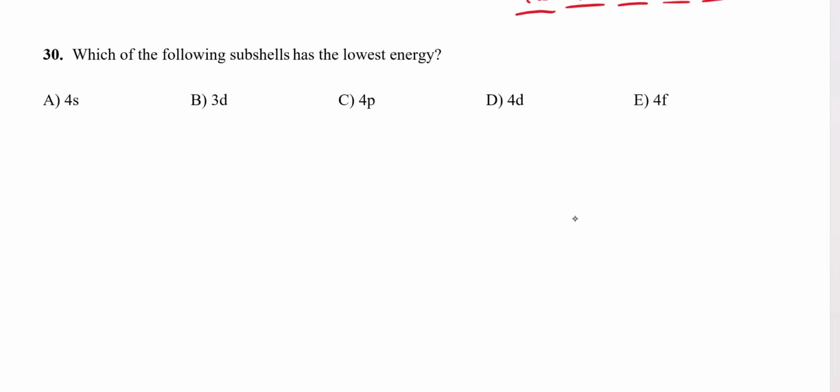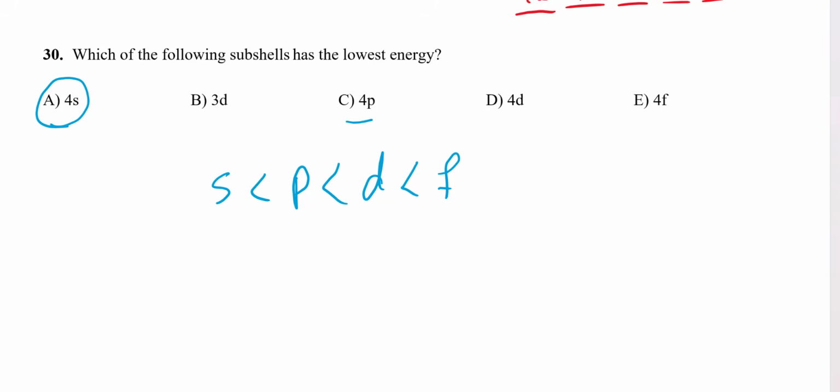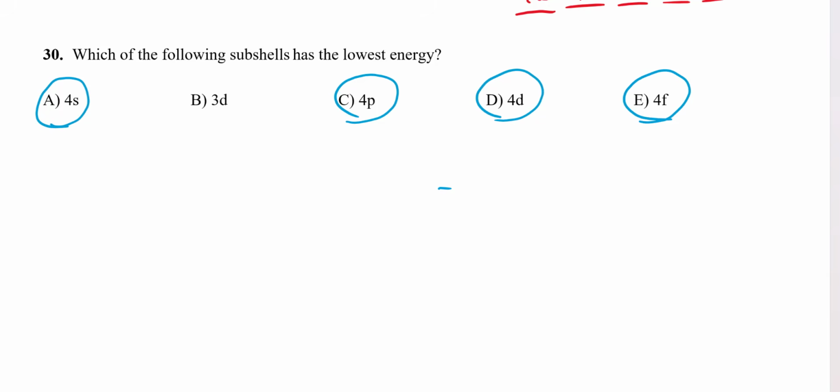And the last question, question 30, we would like to know which of these subshells or orbitals has the lowest energy. In general, in one layer, S has lower energy than P, P lower than D, D lower than F. So between 4s, 4p, 4d, and 4f, for sure these three have higher energy level.